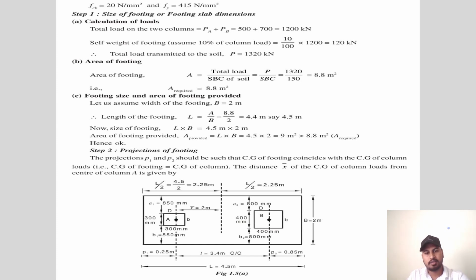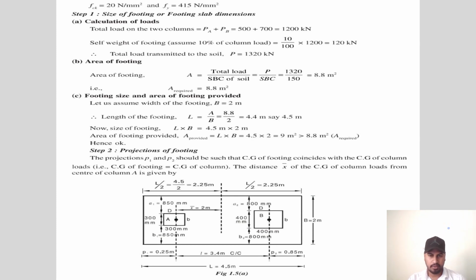The next step is the projection of the footing. Let us assume that the projections P1 and P2 are such that the center of gravity of the footing coincides with the center of gravity of the column loads. The distance x bar of the center of gravity of the column loads from the center of column A will be given by the following.